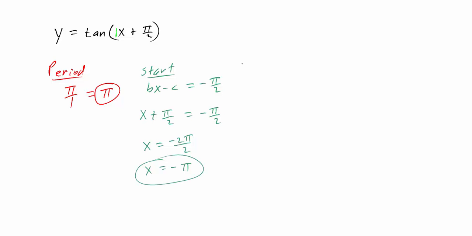And then, of course, just for verification, if we want to calculate the end, we would take x plus pi over 2 and set that equal to a positive pi over 2, and then x would be equal to, if we subtract pi over 2 from pi over 2, we end up with x equals 0.